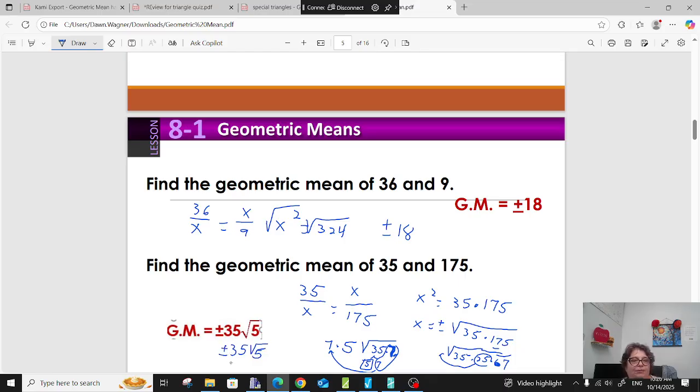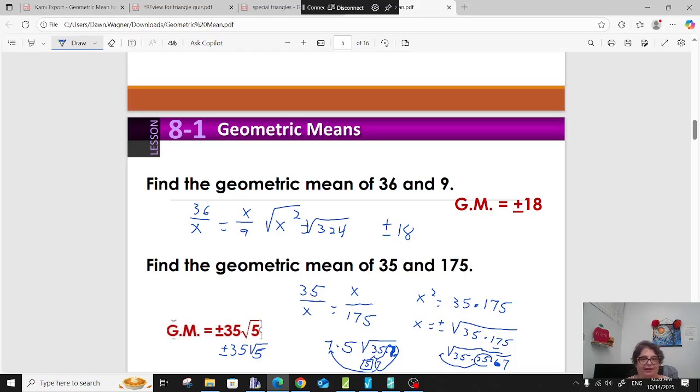Now, I will try to make sure you don't get numbers that big. Can I always guarantee it? They may slip by here and there, but this is a good strategy when you have really big numbers: don't multiply them together. Find the perfect squares and the factors beforehand so you can simplify easier, right?